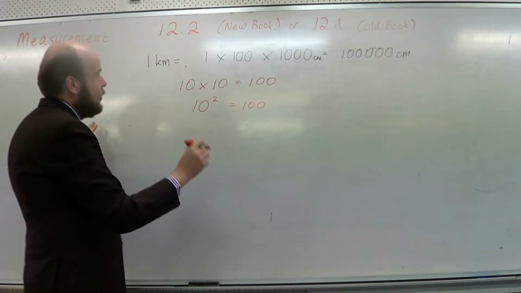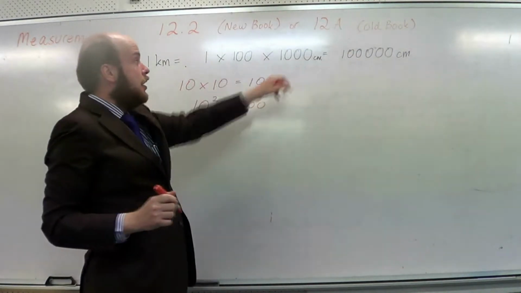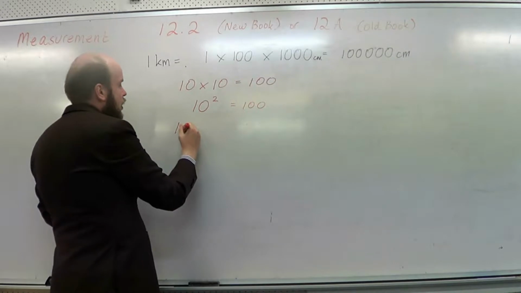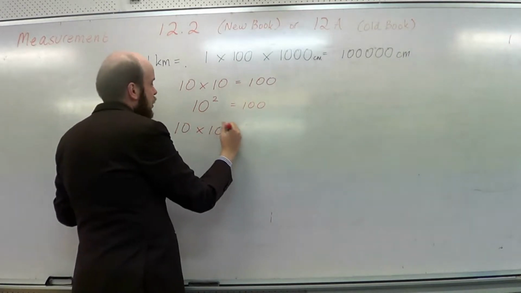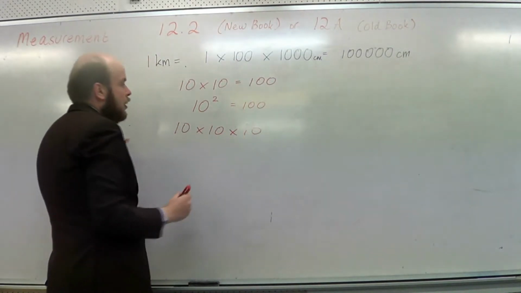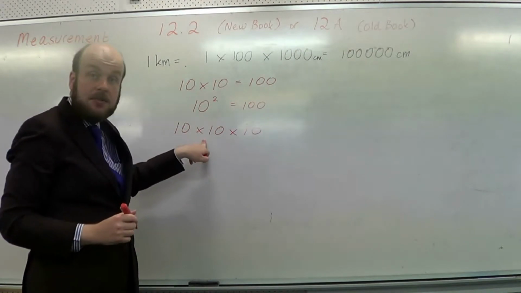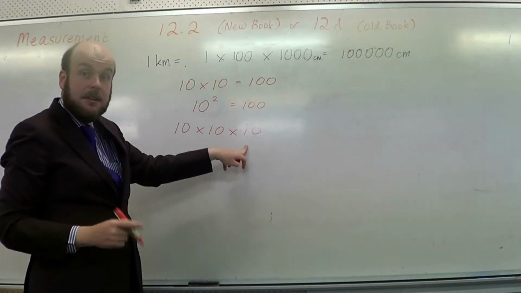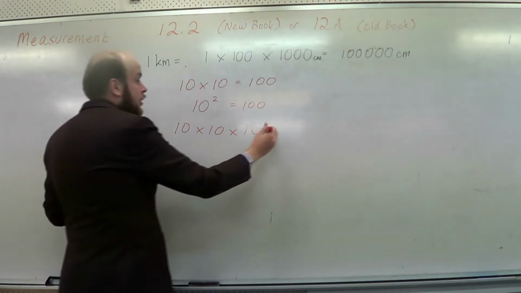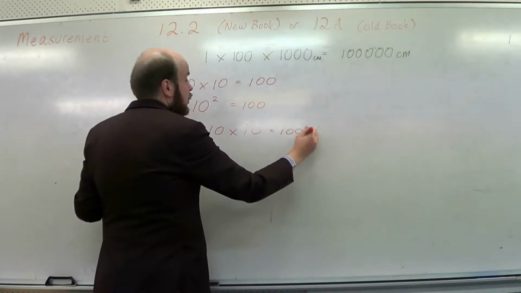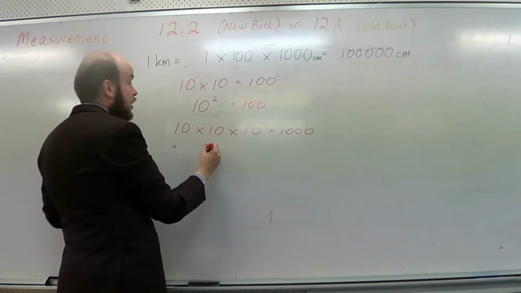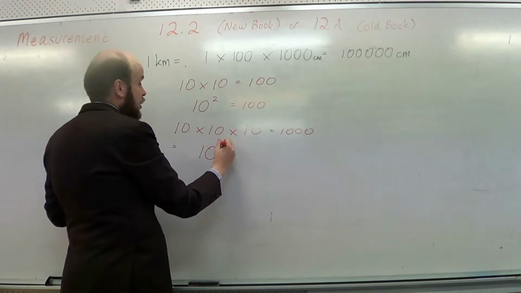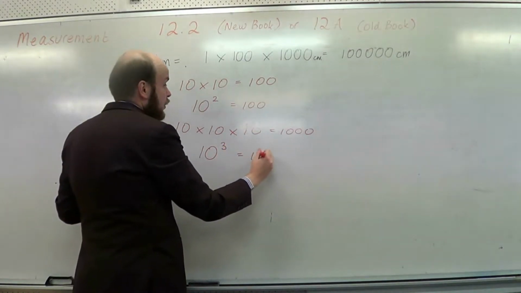Anyway, this 1,000, well that's 10 times 10 times 10. Because 10 times 10 is 100, and 100 times 10 would be 1,000. So therefore, this would be the same as saying 10 cubed.